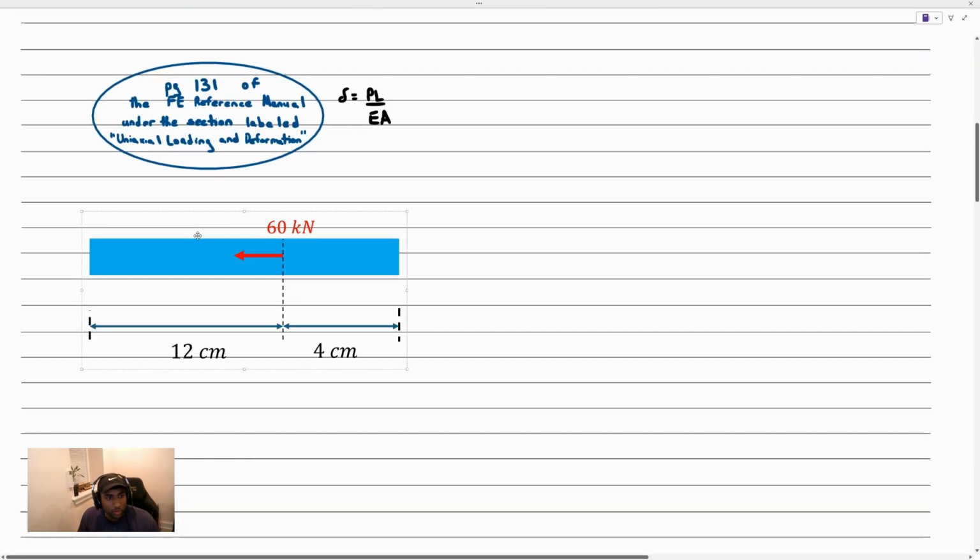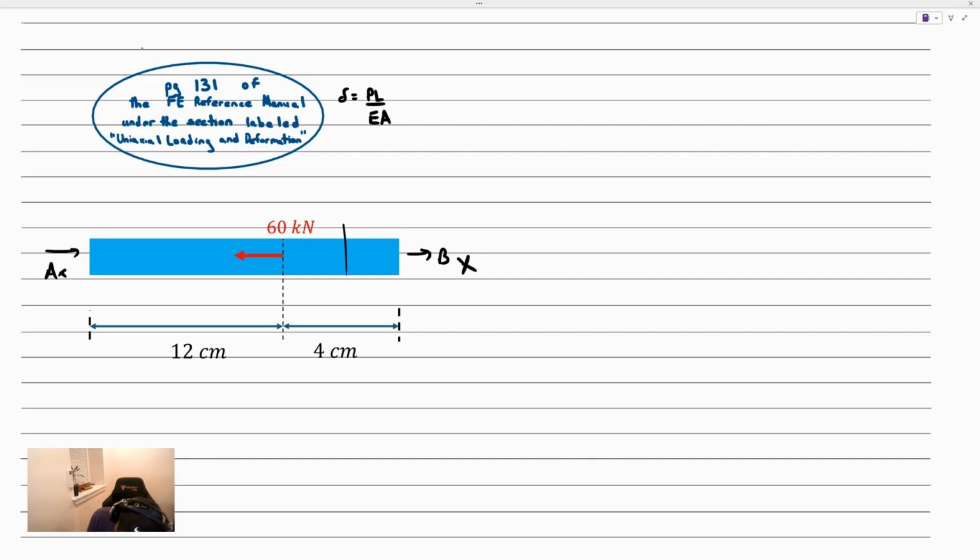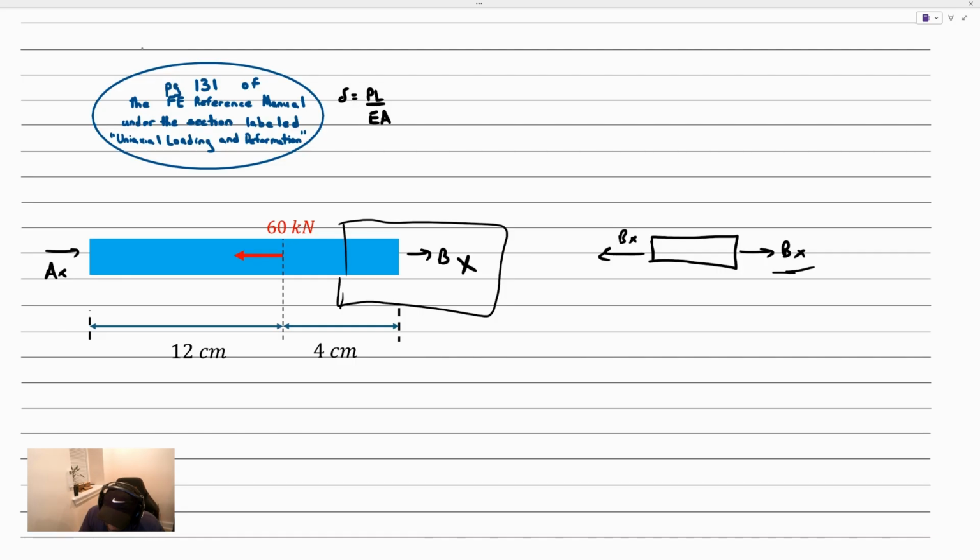What we're doing to find these internal axial loads is drawing a free body diagram like this, making a cut, and you can see that this small rod section over here would have a Bx and a Bx here. This one is the reaction force, and this one is the internal force. That's the force P1, and you can see it's tensile, which is why I made it positive. Then we can also draw a second free body diagram of this outer section.